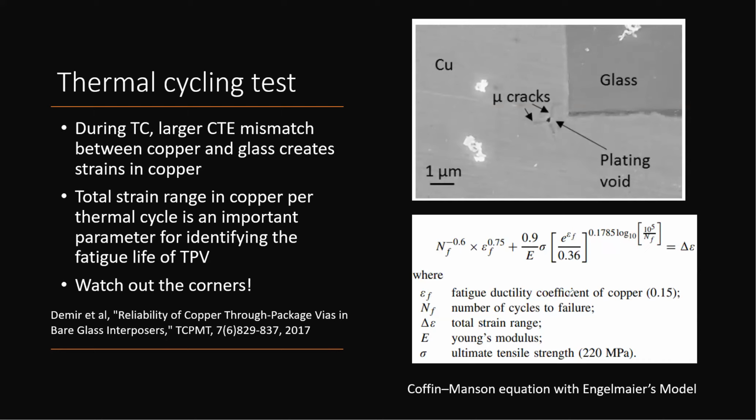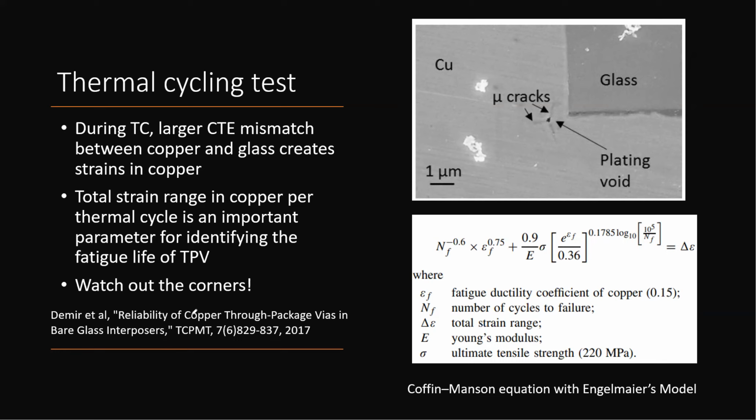You can see that the number of cycles to failure can be estimated, and the strain related to that can be related. The Young's modulus, and the tensile strength, the material properties, all can be related to this formula and then calculated. So I would say the reliability picture is pretty clear.